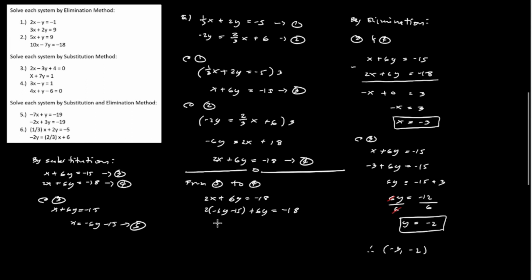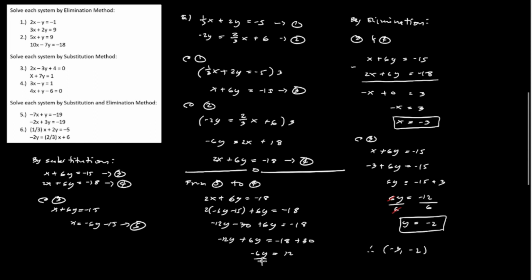So 2 times negative 6y is negative 12y. 2 times negative 15 is negative 30 plus 6y is equal to negative 18. Negative 12y plus 6y is equal to negative 18, negative 30 goes to the right as positive 30. Negative 12 plus 6 is negative 6y is equal to negative 18 plus 30 is positive 12.